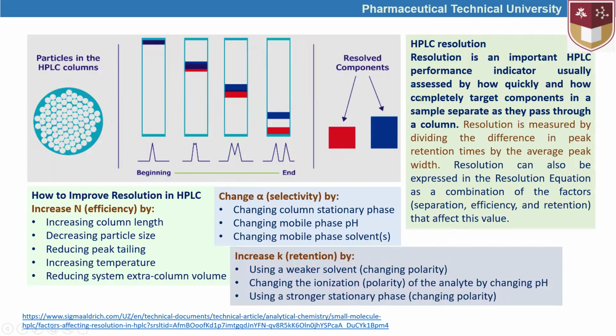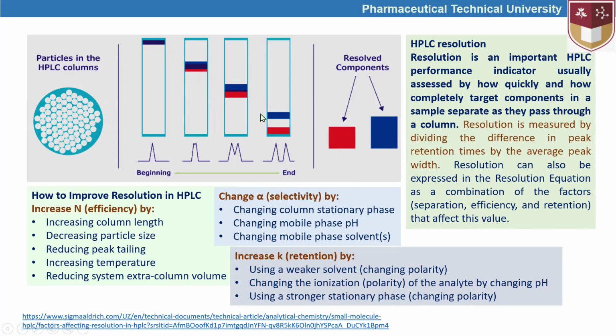Okay, next. Here we can see the significance of the column length. Let's say we have two different compounds, red and dark blue, and they have to be separated.